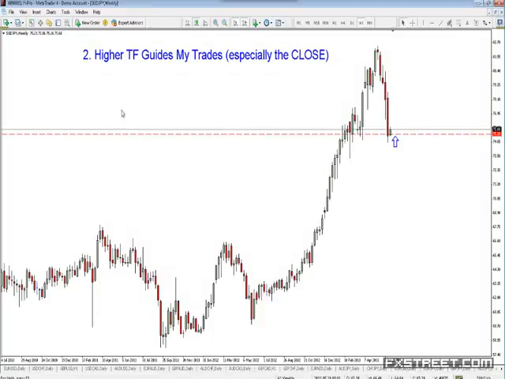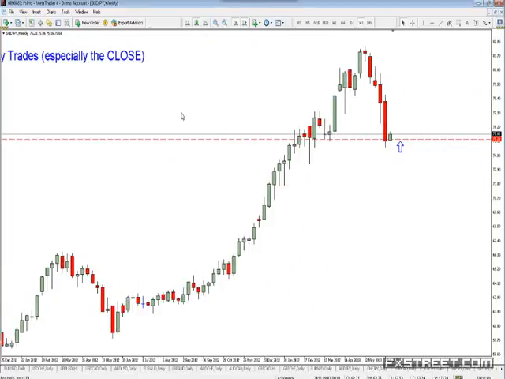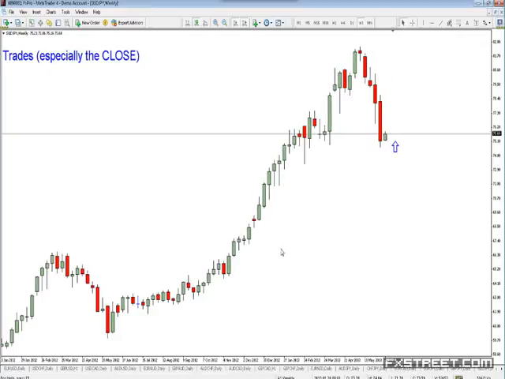Now, does anyone have a guess? If I were to zoom in on the recent price action here on the weekly chart, and I'm going to take this off because I don't want to confuse anybody, where are the most important closes on this chart?